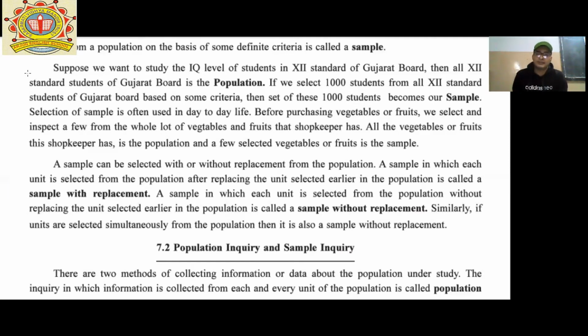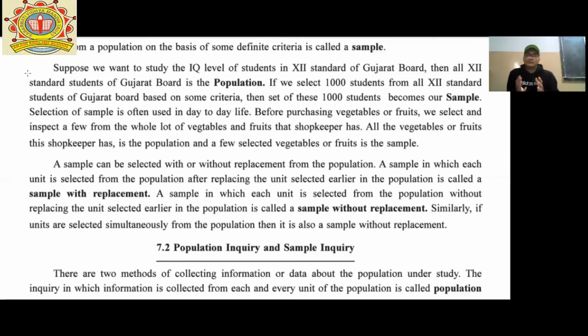Now, what is without replacement? A sample in which each unit is selected from the population without replacing the unit selected earlier in the population is called sample without replacement. It means when one chit is selected, I am not considering it again, I am putting it aside.